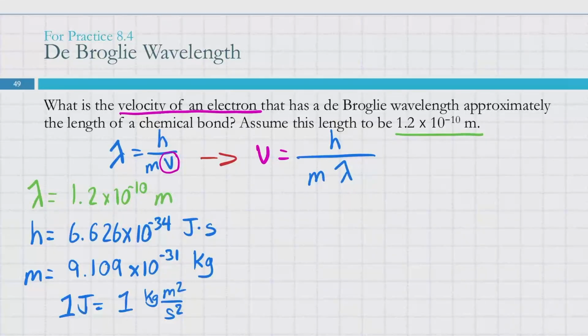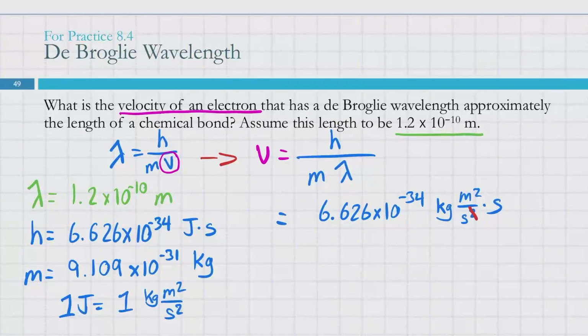So for h, 6.626 times 10 to the minus 34. We're transforming joules into kilograms meters squared per second squared, and there's also a times seconds.